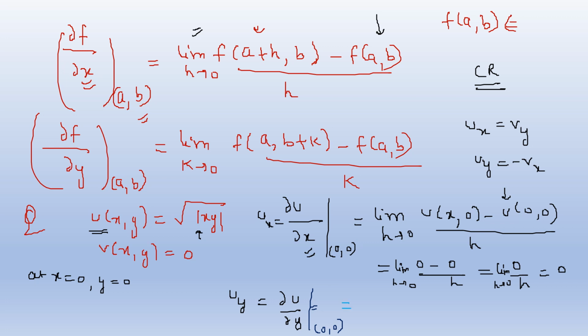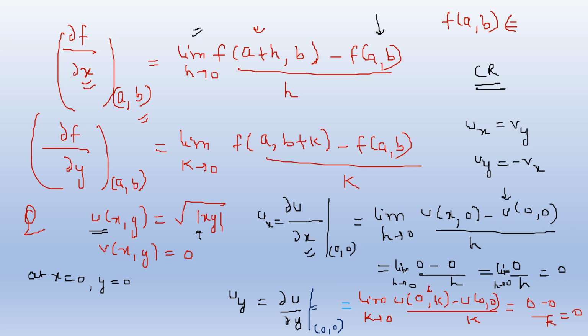It will give you limit k tends to 0, u, now x will be 0 because you are differentiating with respect to y, minus u(0, 0) divided by k. Now again, if you substitute 0 in place of x, you will get 0, minus 0 by k, that is 0.